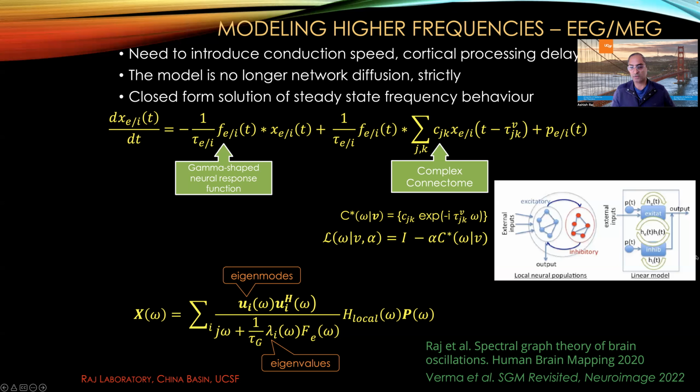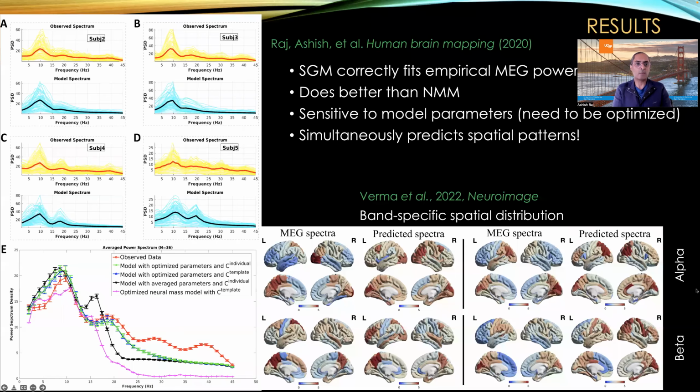And this was the subject of two papers in OHBM 2020, NeuroImage 2022. And what we found is that the model is actually really good at capturing the spectral response of MEG data, both regionally, shown at the left, as well as at the aggregate levels shown at the bottom left.